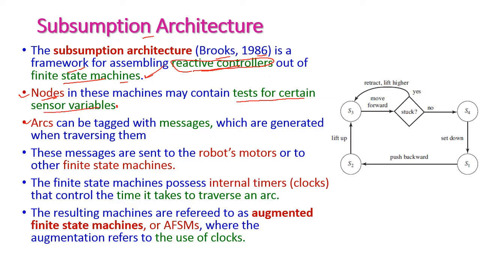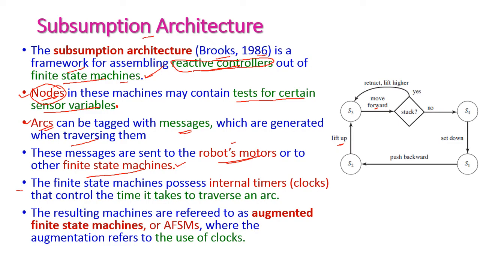So the sensor variables will be tested by the nodes, and the arcs are tagged with messages. Every arc contains a message. So when the robot traverses a particular arc, the message will be sent to the robot motors or the finite state machines. Whenever we traverse to a particular node through the arc, we will get these messages.